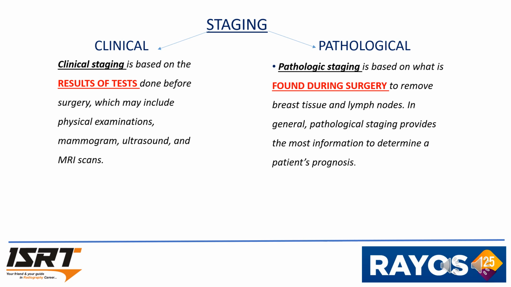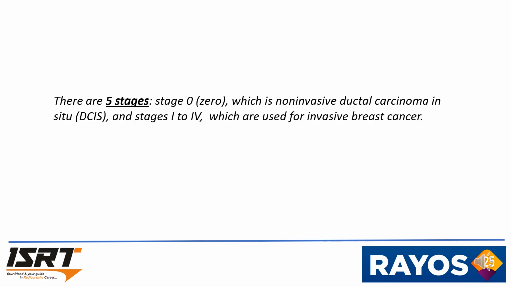In general, pathological staging provides the most information to determine a patient's prognosis. There are 5 stages. Stage 0 is non-invasive ductal carcinoma in situ, that is DCIS, and stages 1 to 4 are used for invasive breast cancer.